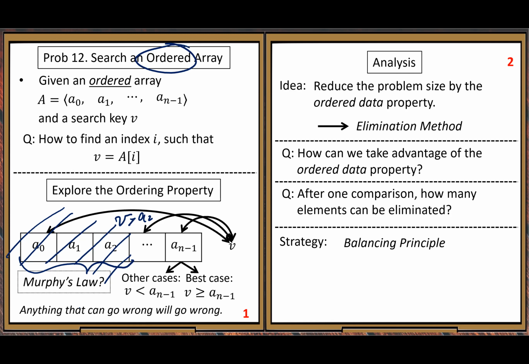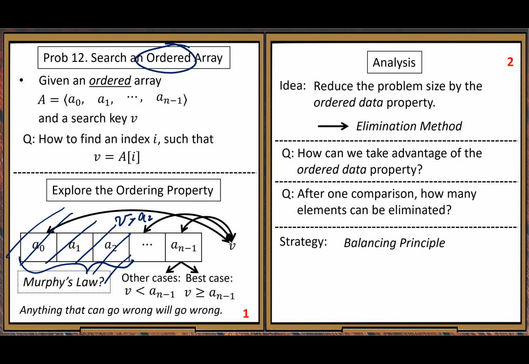Here, I would like to talk about this balancing principle a little bit. First, what is a principle? You heard many different principles. But what are those principles? Principles are something nice to follow.